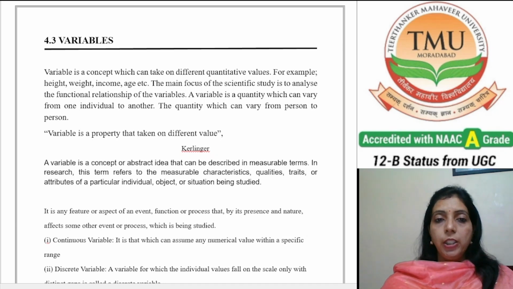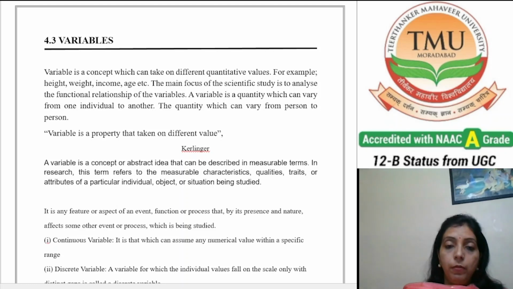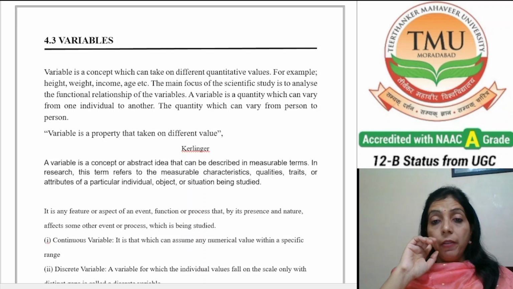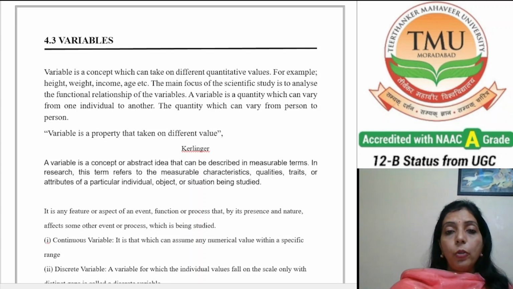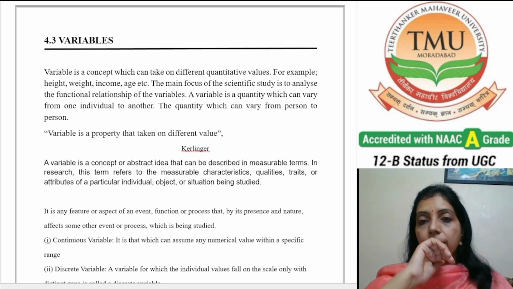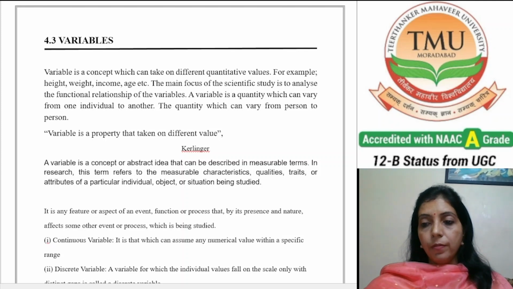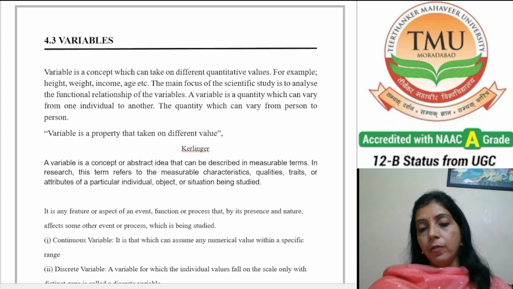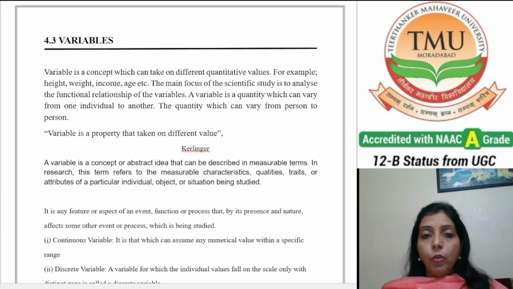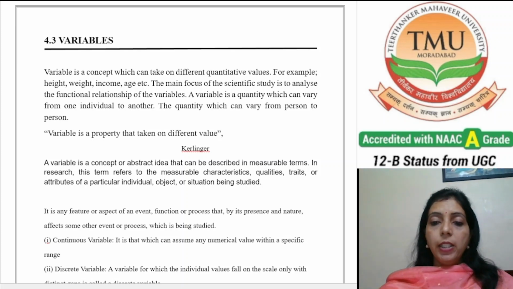The variable which changes on account of the independent variable is known as the dependent variable.